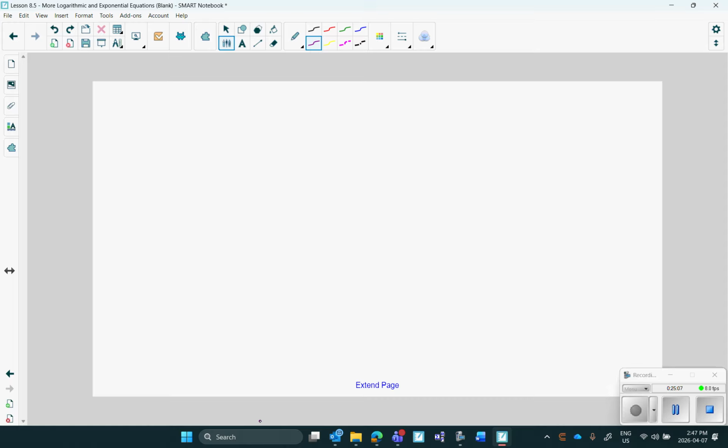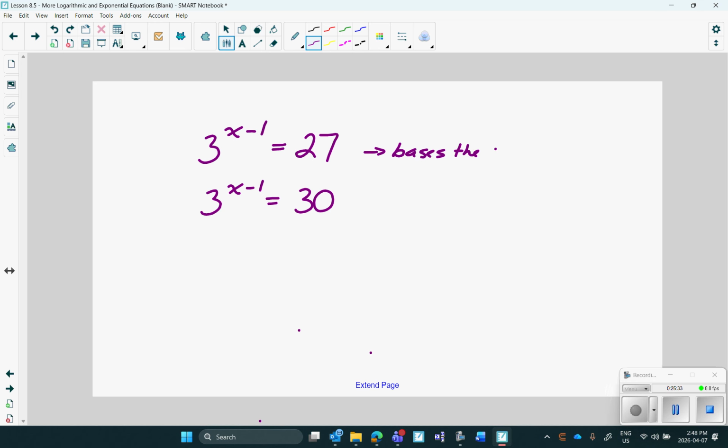If I give you something like this, these are two different types of exponential equations. This base is the same. You can make bases the same and go from there. Here, you can't make bases the same, so log both sides and go from there.